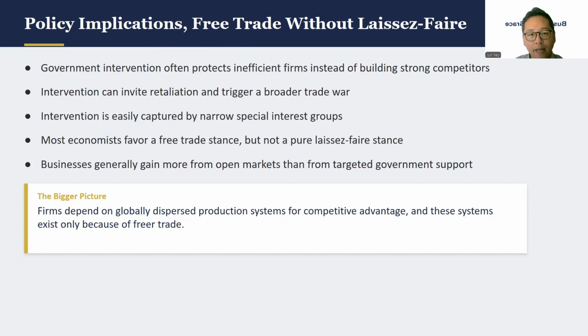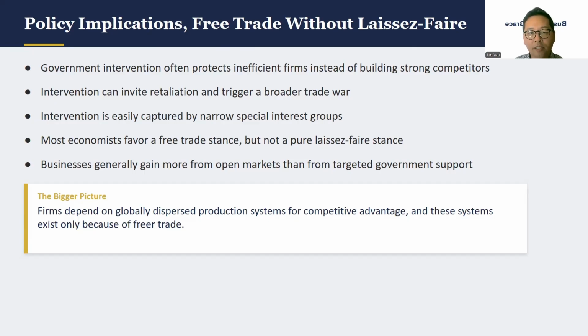Given these drawbacks, what should business encourage government to do? Most economists argue that the best interest of international business is served by a free trade stance, but not a pure laissez-faire or hands-off stance.